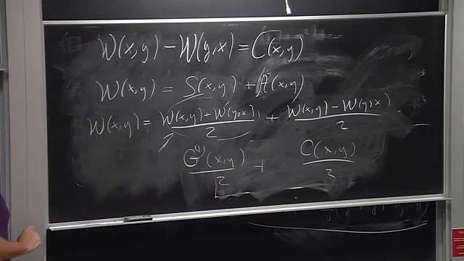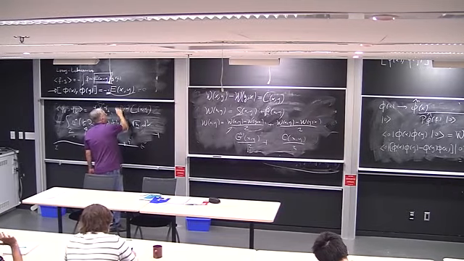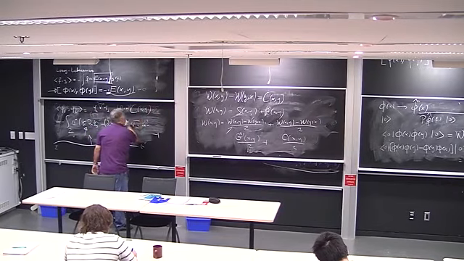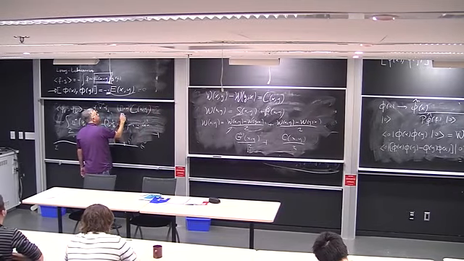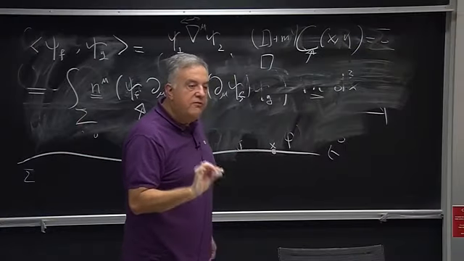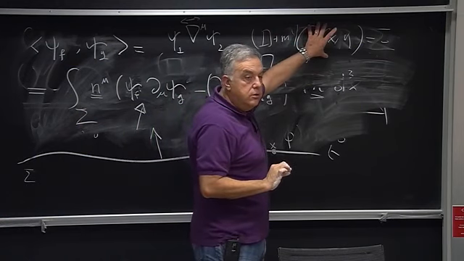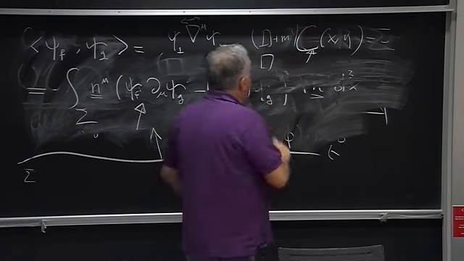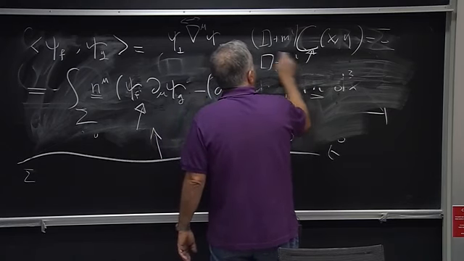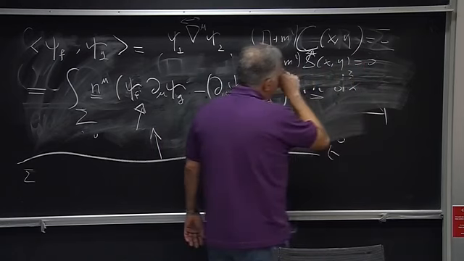So the quantization gives you a unique commutator which solves the Klein-Gordon equation. So this is the content of the equation of motion. If you give yourself a Lagrangian, the Lagrangian tells you the commutator. It doesn't tell anything about a symmetric solution that you can add.